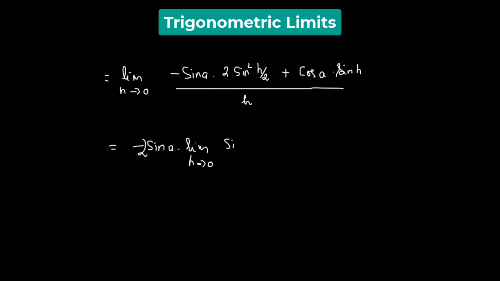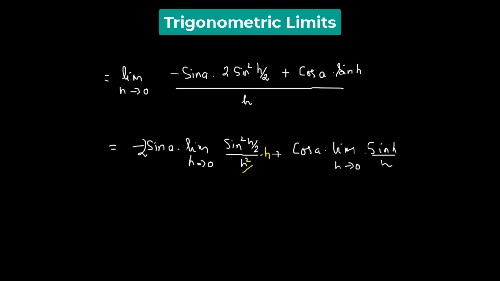So we'll be left with sine squared h over 2 divided by h plus cosine of a times limit h tends to 0 of sine h over h. Now in the first term, we have h in the denominator, so we multiply the entire function by h.